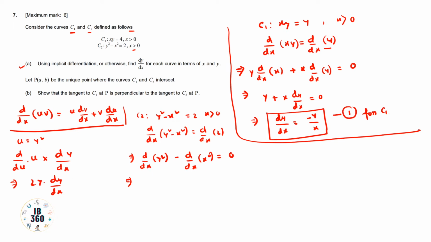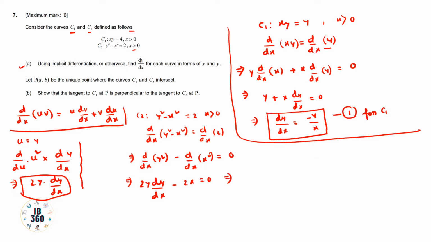So this is just one derivation part. We are getting 2y dy/dx, where u is basically equal to y, so that's why we get this answer. So d/dx of y square is 2y dy/dx. So 2y dy/dx minus 2x equals 0.